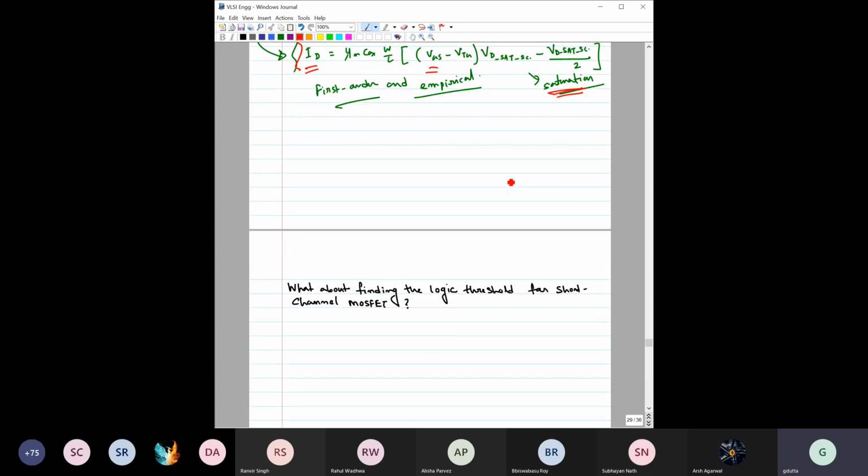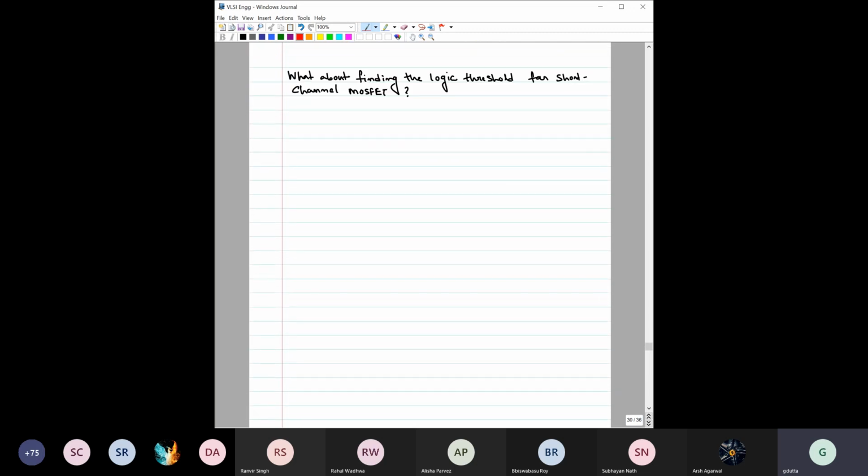If you have no more questions on the short channel MOSFET equations, and you know the equations in both regions, linear and saturation, then the next question is, please find the logic threshold for short channel MOSFET. How are you going to do it? Yeah, Vin equal to Vout, the same thing.